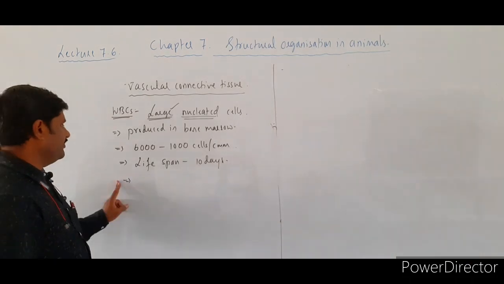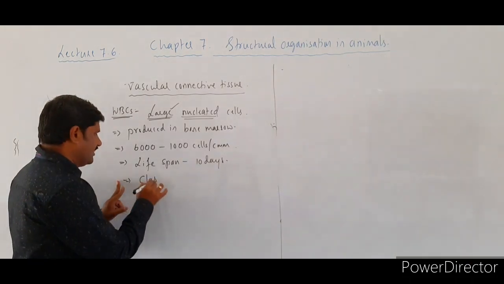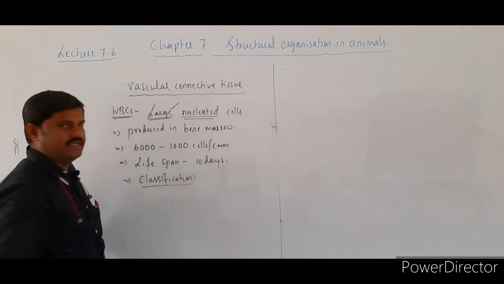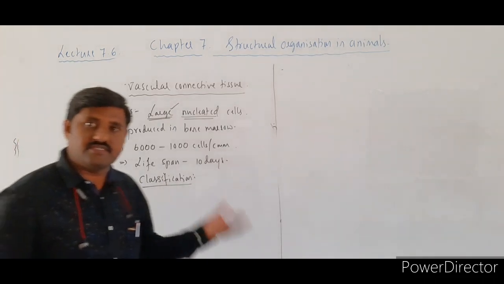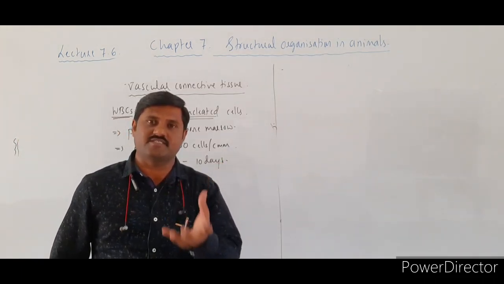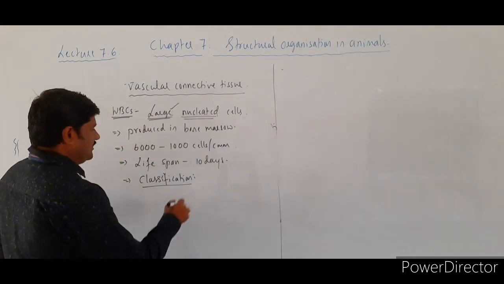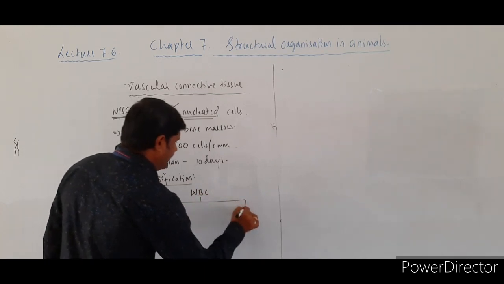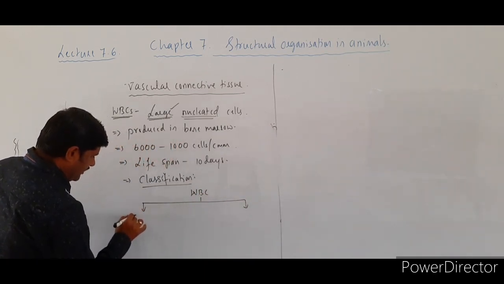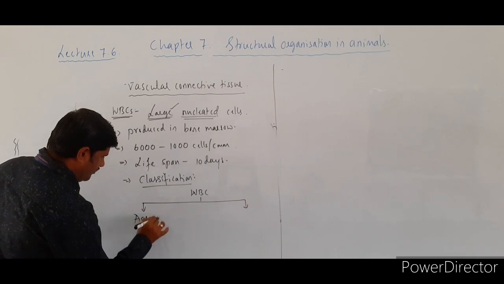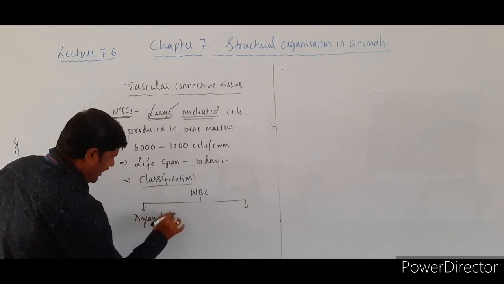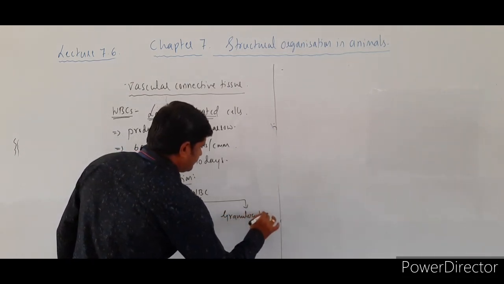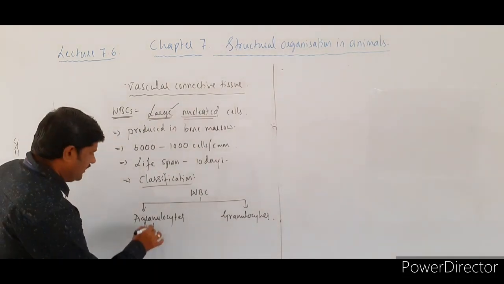So these WBCs are classified. The classification of these WBCs takes place into two types based on the presence or absence of granules in the cytoplasm of these cells, right? So these WBCs are classified mainly into granulocytes and agranulocytes.